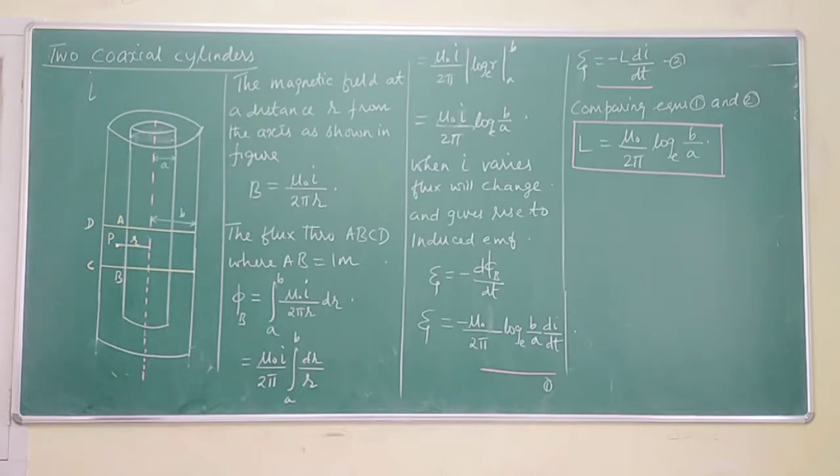Is that okay to you? Because length L is not there, we can also say this will be self-inductance of the two coaxial cylinders per unit length.